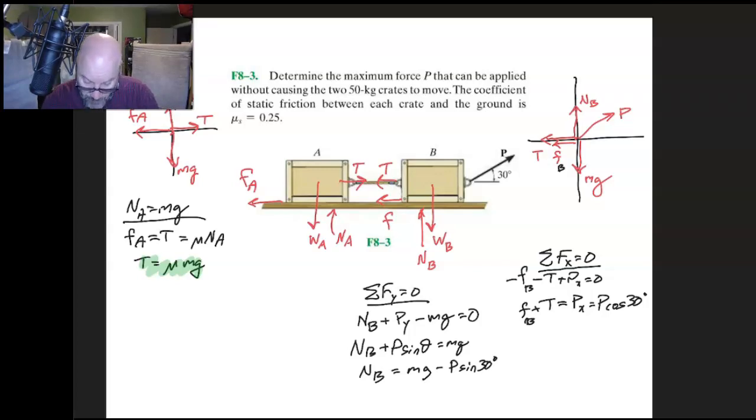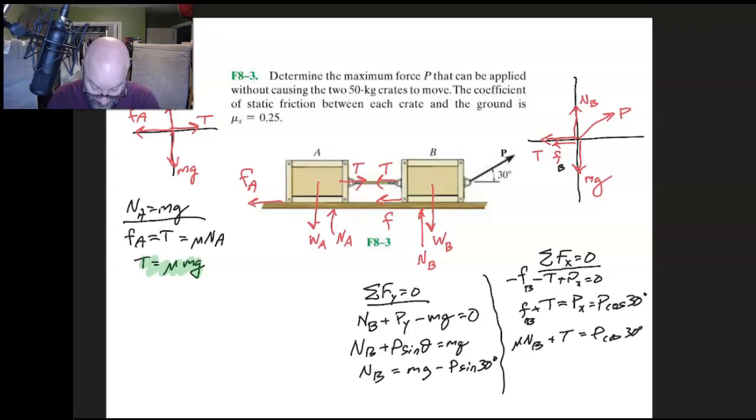Now, the reason for doing that is because now with our friction at B, we're going to write here mu times NB, and then we got the plus T is P cosine 30 degrees.